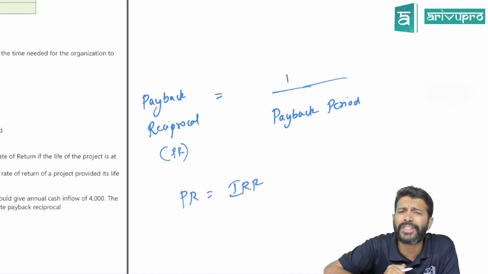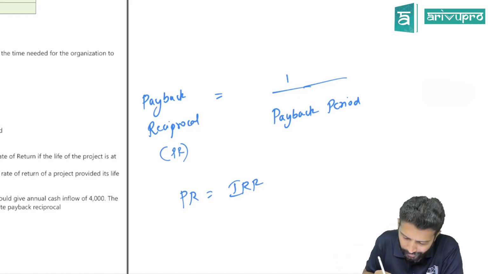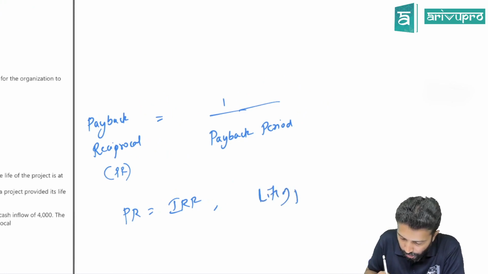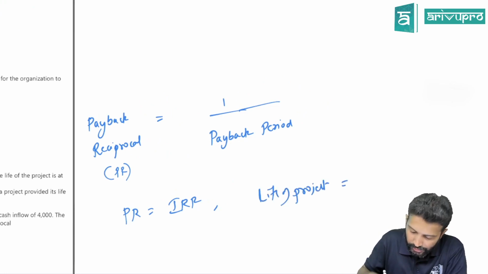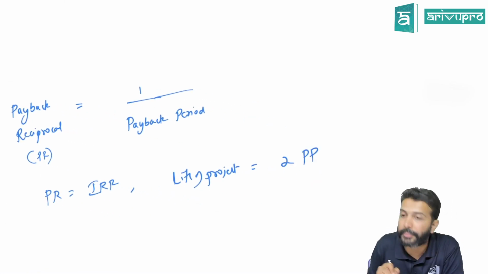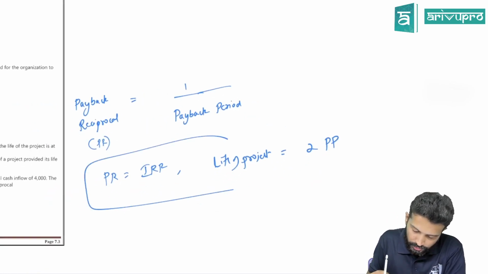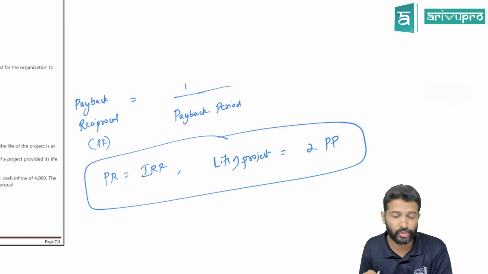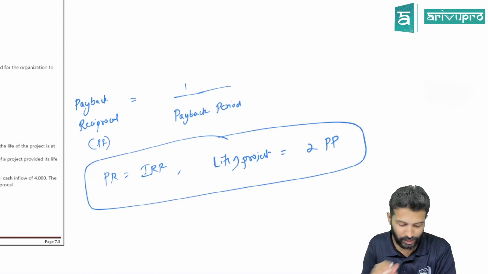It will be more or less equal to IRR, provided the life of the project is at least twice the payback period. This is the conclusion they've drawn from their analysis. Who tested? Don't ask me. I don't know. They put it up over here.